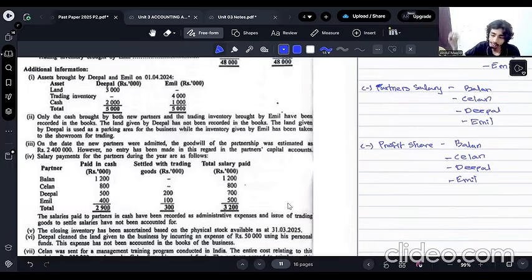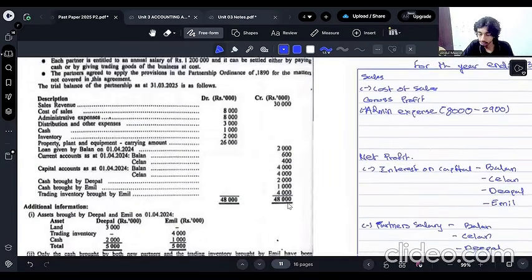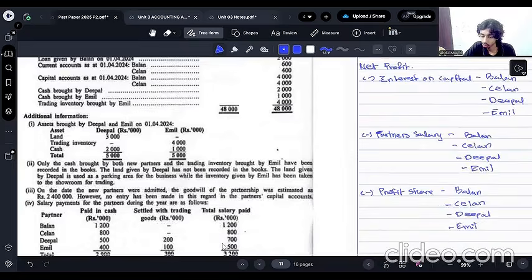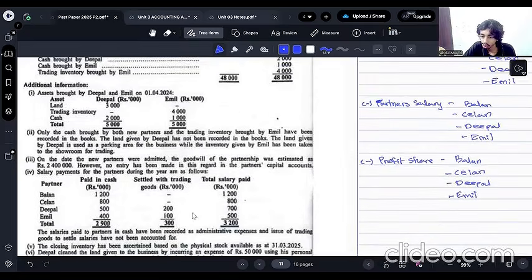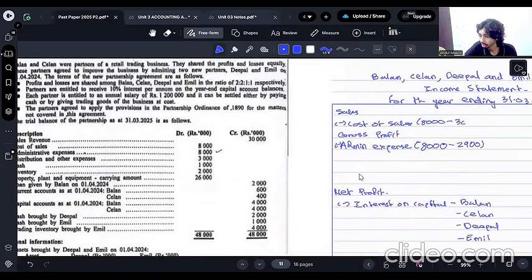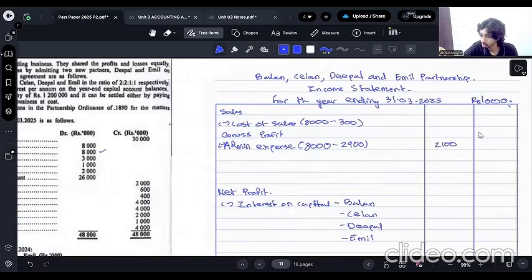So if a good is taken out, you have to deduct it. Now from the cost of sale given as 8,000, you have to deduct the 300 goods given to the partners. Then the cost of sale will be 8,000 minus 300, 7,700.